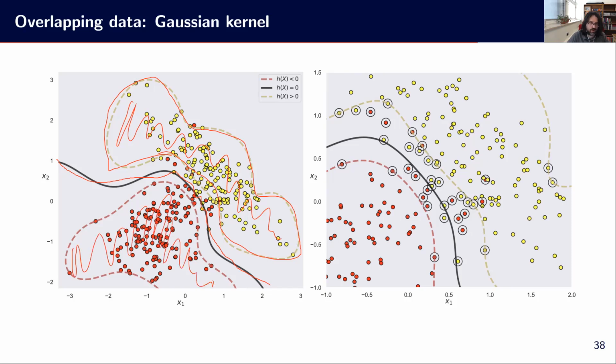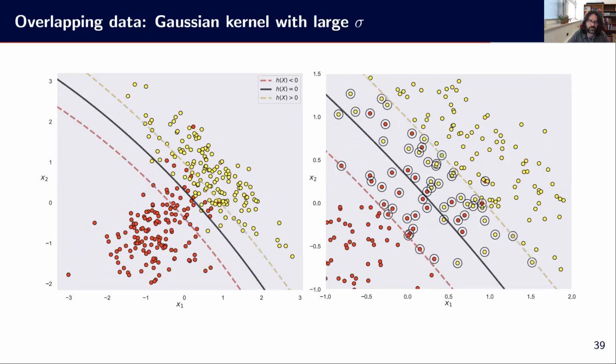These are not support vectors, but everything else in that zone is considered in the margin, whether correctly classified or not. On the right, with a zoom on that region, there is still less data in the margin than before, and the decision frontier is more fancy than what we had with the polynomial kernel.